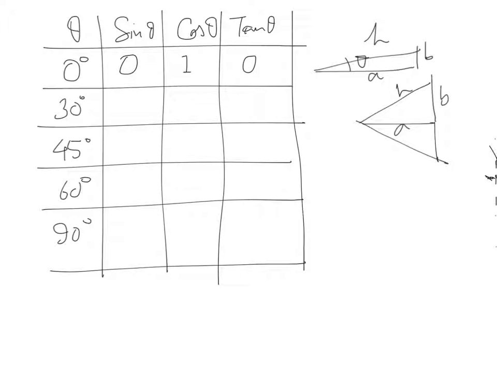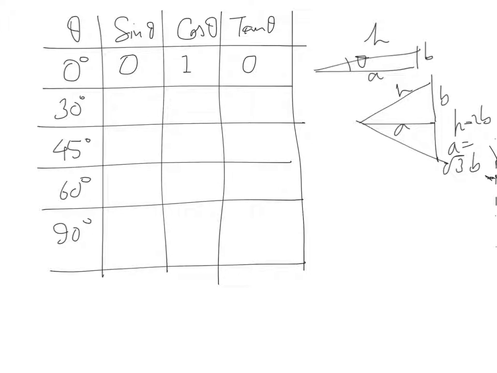therefore the three sides of this bigger triangle are equal, and h is equal to 2b, and a is equal to the square root of h squared minus b squared by Pythagoras theorem, which is the square root of 4b squared minus b squared, which is equal to root 3 b.